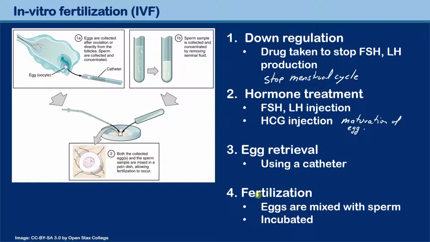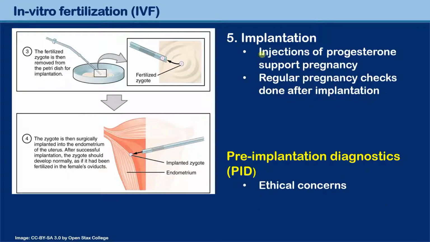And then, if you have multiple egg cells in your petri dish, then you of course also have multiple embryos being formed, and then the doctor selects the embryos and implants them, and I'm going to explain this over here again. The fertilized egg cell, the zygote, is then removed from the petri dish for implantation.